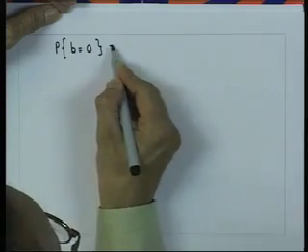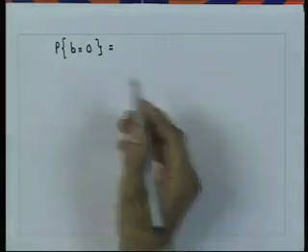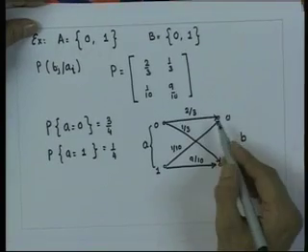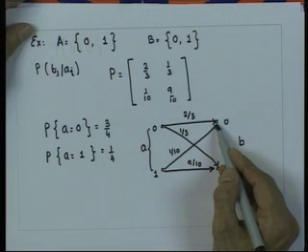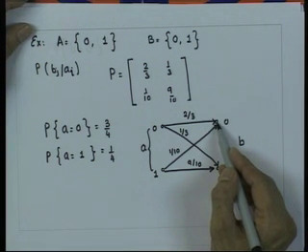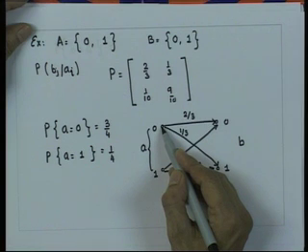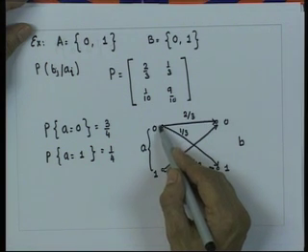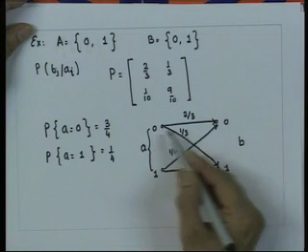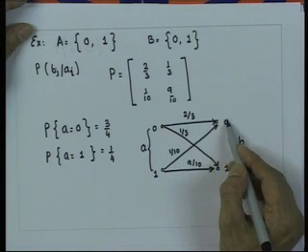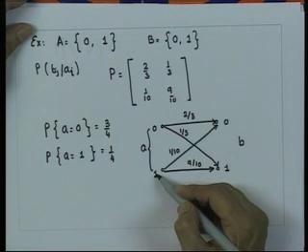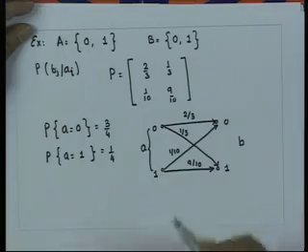Probability of B equal to 0 is equal to probability of 0 given 0 was transmitted multiplied by probability of 0 transmission, plus probability of receiving 0 given 1 was transmitted multiplied by probability of 1 being transmitted.